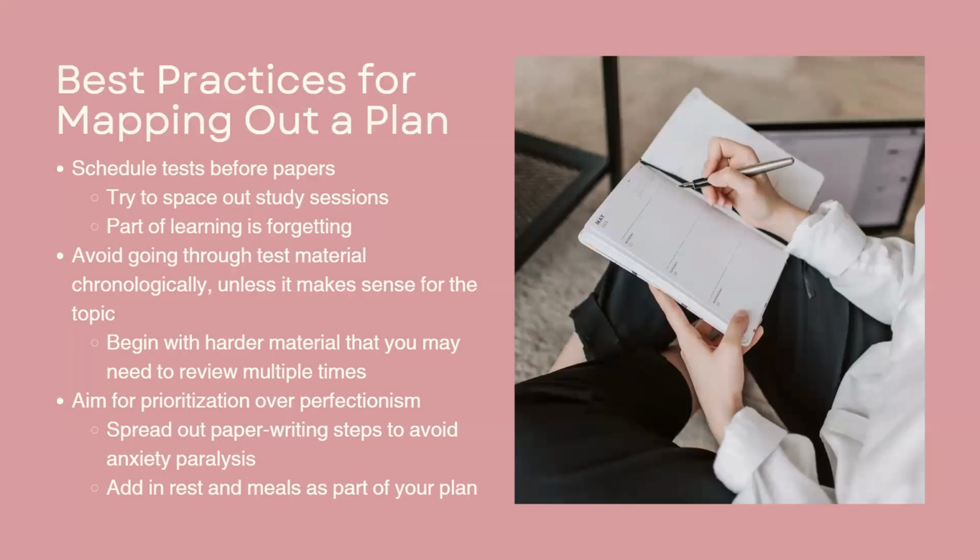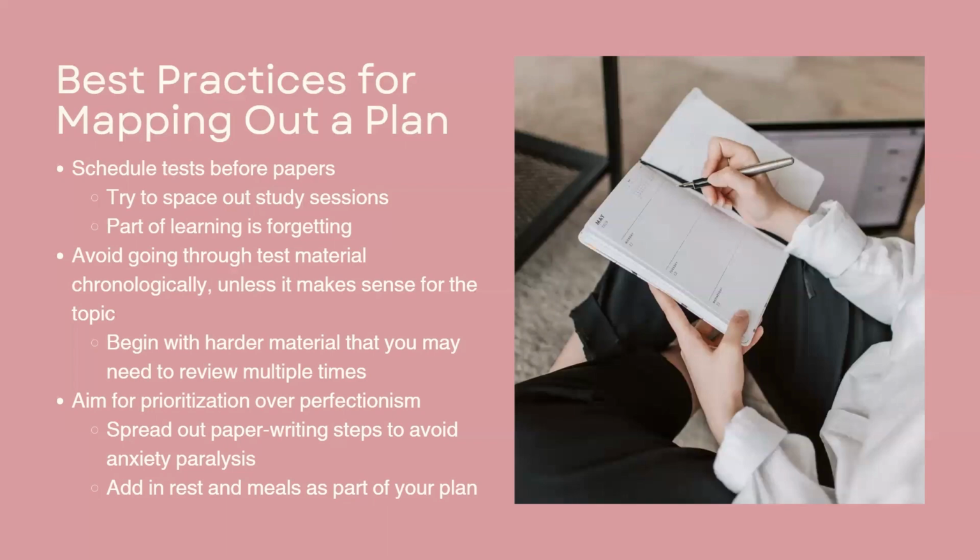With that in mind, avoid going through test material chronologically unless it makes sense for the topic. If you're studying a history class, maybe you need to go through it from the beginning so that you can see how it builds on itself. But if you're studying for, let's say, a language exam, you should begin with the harder material, the material that you feel like you need the most practice with.